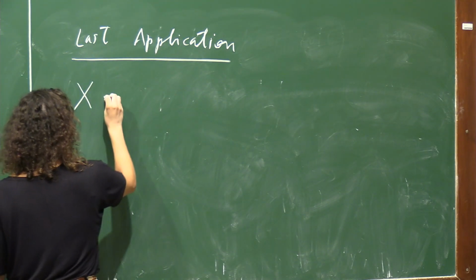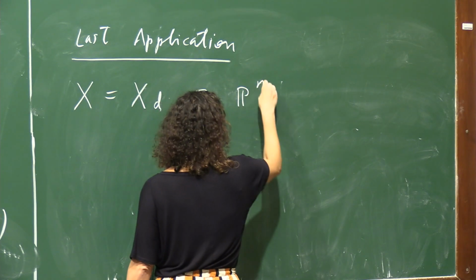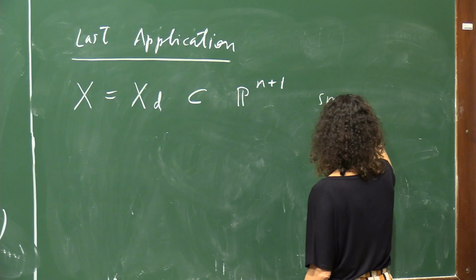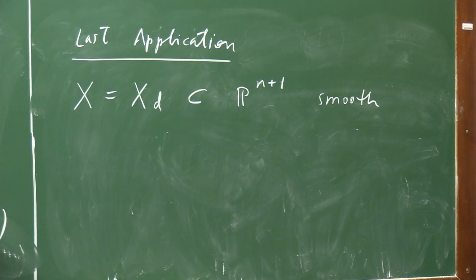Let me take X, a smooth hypersurface in projective space of degree d. And I want to understand the automorphism group of this hypersurface.